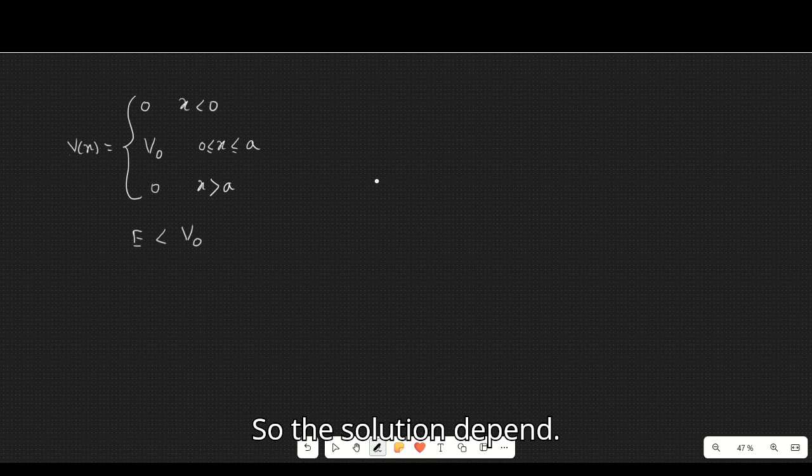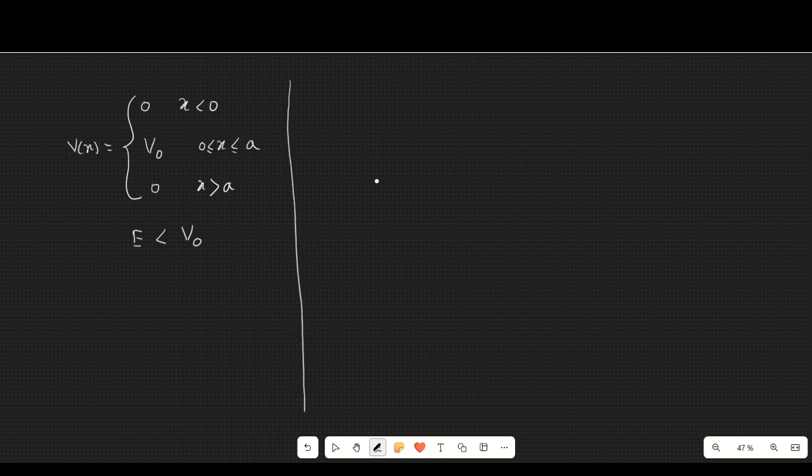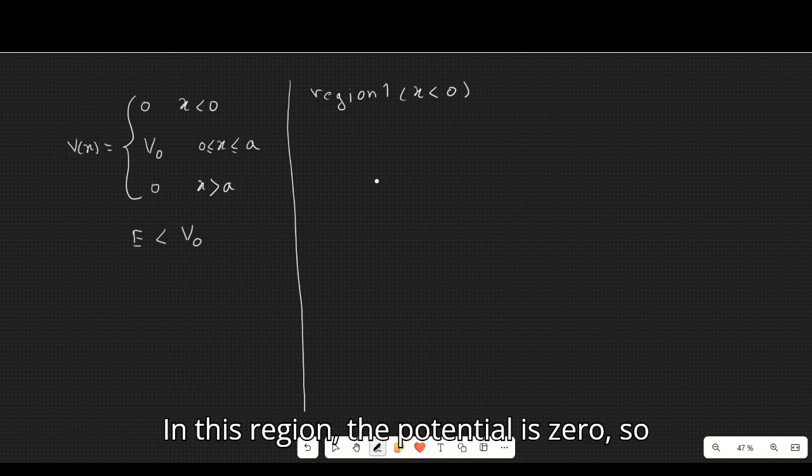So the solution depends on the region. In region 1, x is lower than 0. In this region, the potential is 0.